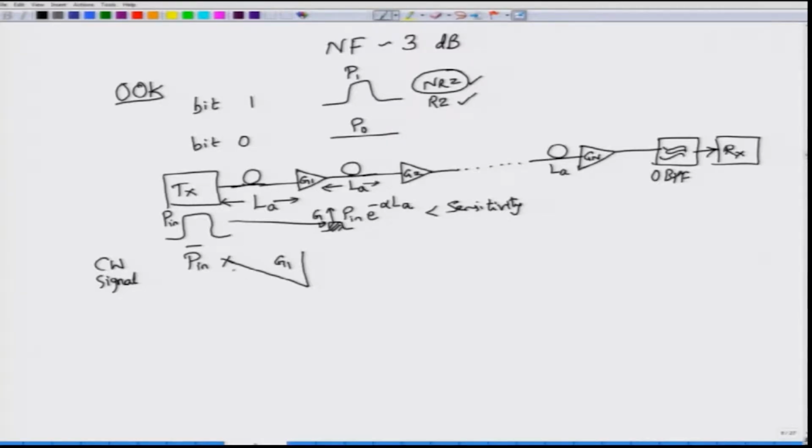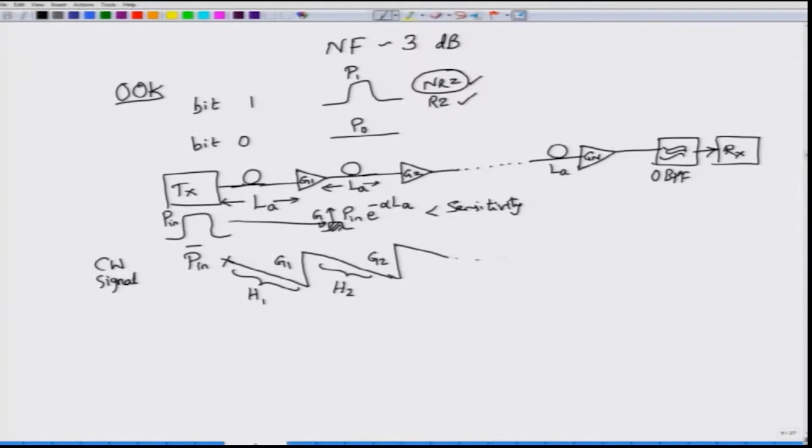Okay. If you call the loss factor here, which is e to the power minus alpha LA, as H1, H1 denoting the loss in the first fiber link, G1 denoting the gain of the first amplifier that you are going to put in, okay, then again the power reduces because there is a loss factor H2, because the optical signal is propagating in the second link as well, and from here you again pull the output back by supplying a gain of G2.